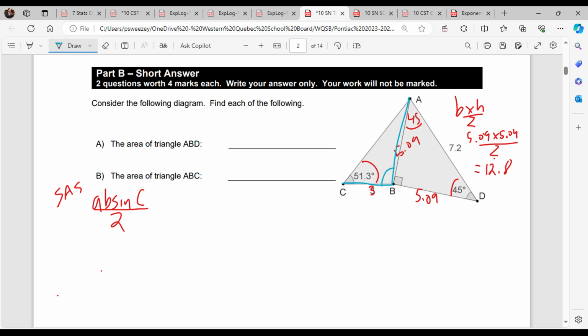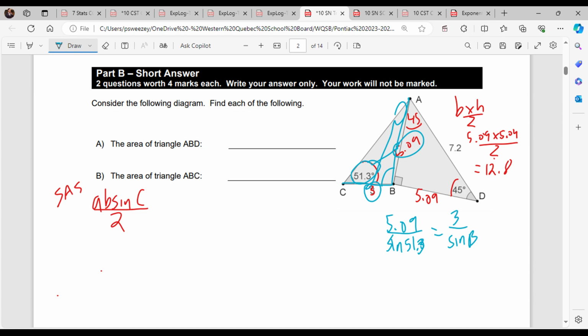How would you get that angle right now, knowing that the 3 pairs of this guy and the 5.09 pairs of this guy? So I can't actually find this one, but I can find the top one. So what if I did sine law and did 5.09 over sine 51.3, and then 3 over sine B, what did you get?